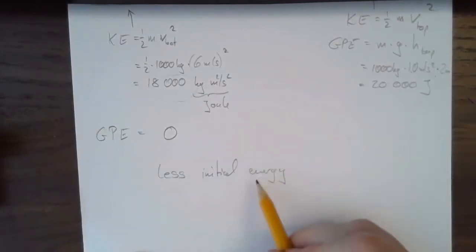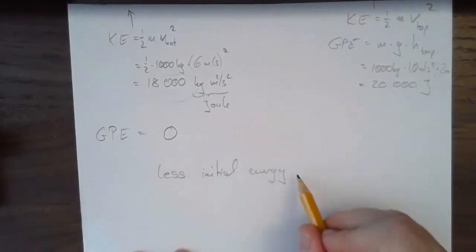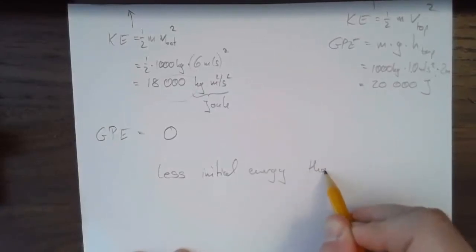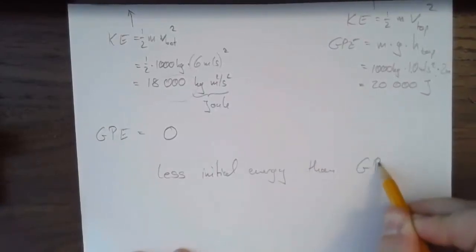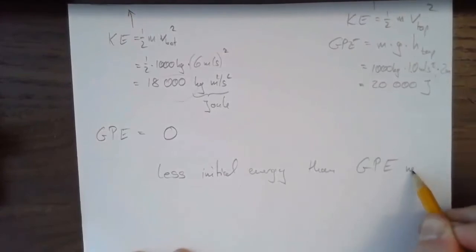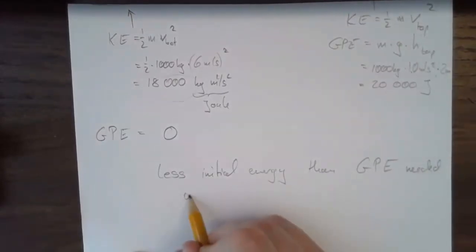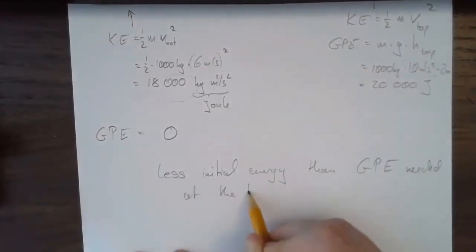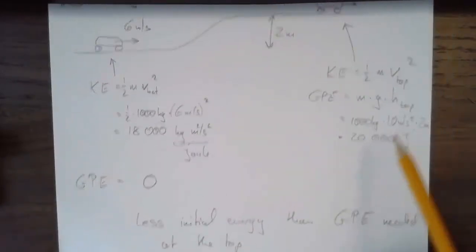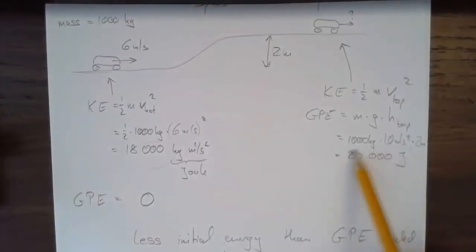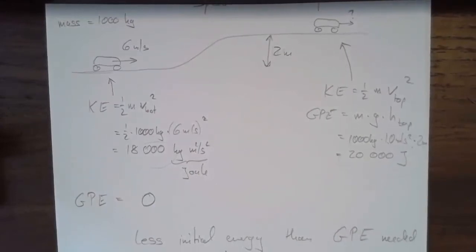So initial total energy, then gravitational potential energy needed at the top. Right? Because to be up there, the thing has to have 20,000 joules of gravitational potential energy.